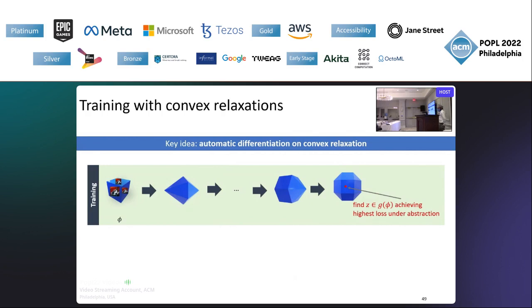And as I mentioned, and what Matthew also showed, is that you can actually use this kind of abstract interpretation based methods for training the network.